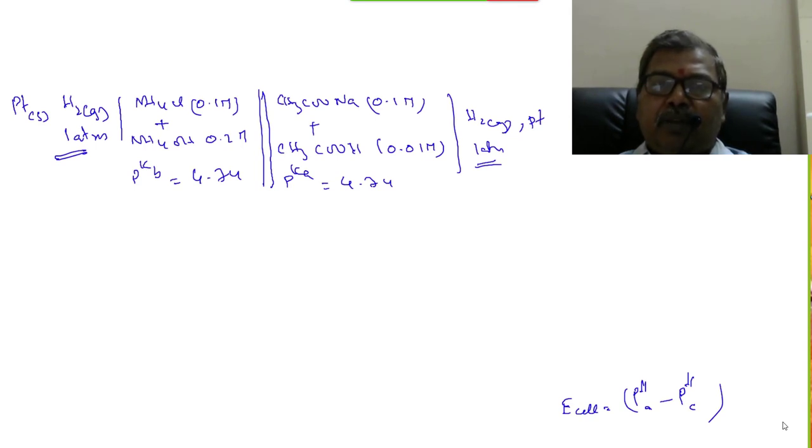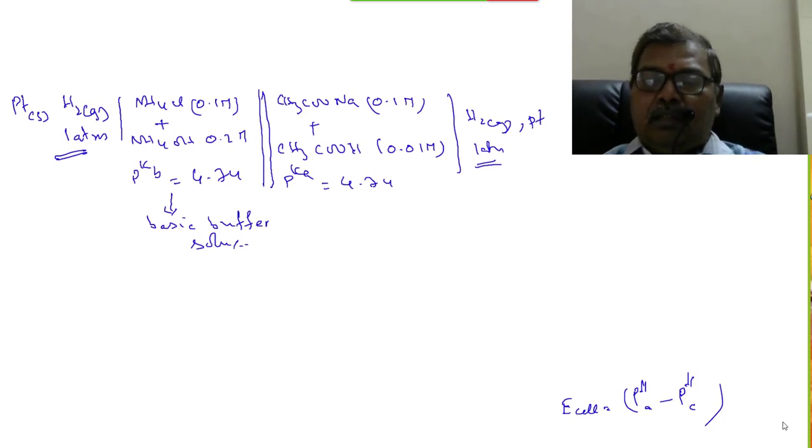And ammonia is a weak base. So it is nothing but a mixture of a weak base and its salt with a strong acid. So therefore, this solution is nothing but a basic buffer solution. Now observe the electrolyte in the other half cell.